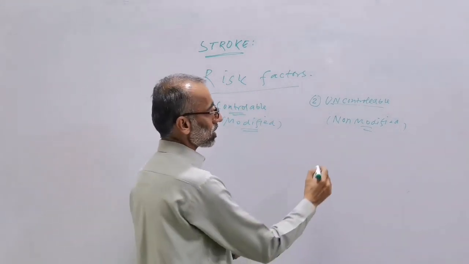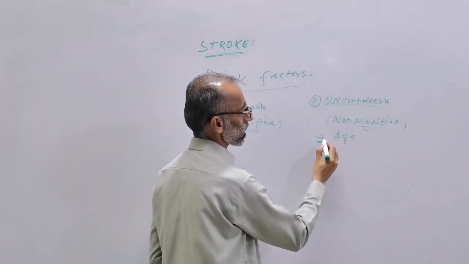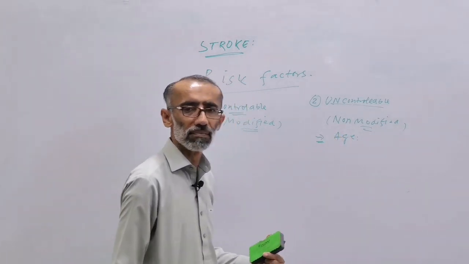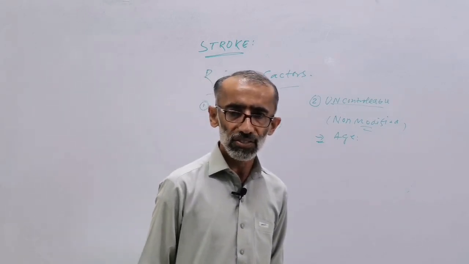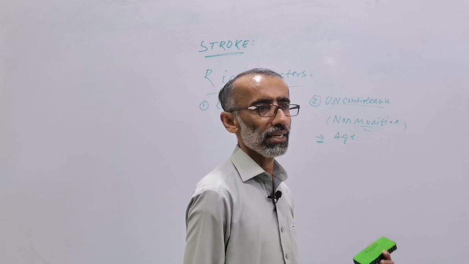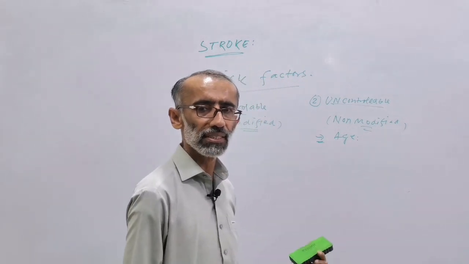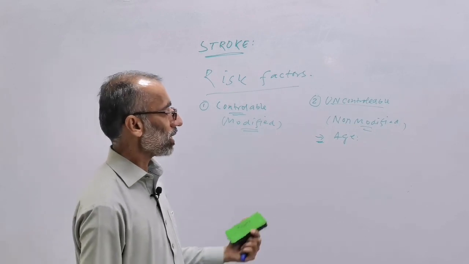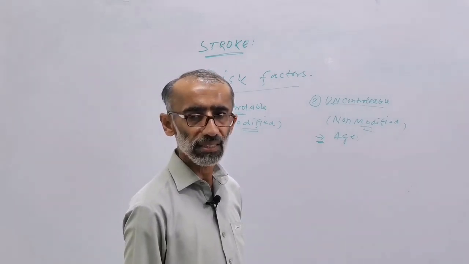Uncontrolled risk factors include age. We can't change the age of the patient. A stroke can occur in all ages and can occur in infants, children, young adults. Even a stroke can occur before birth.